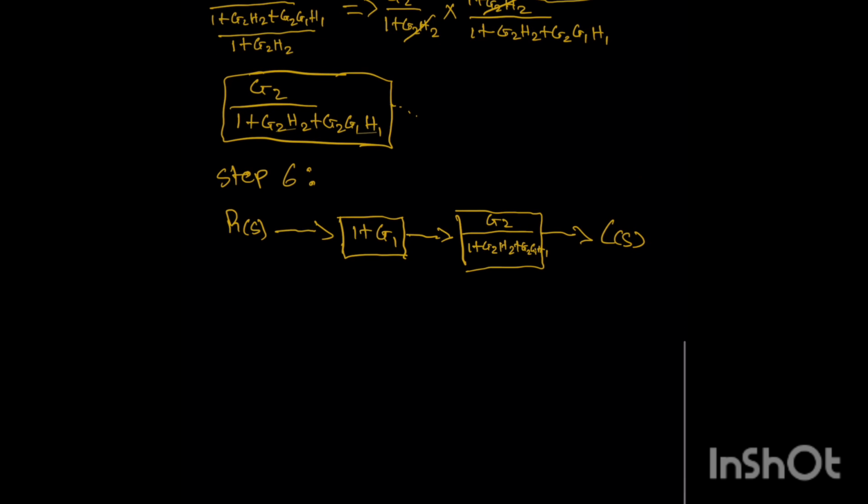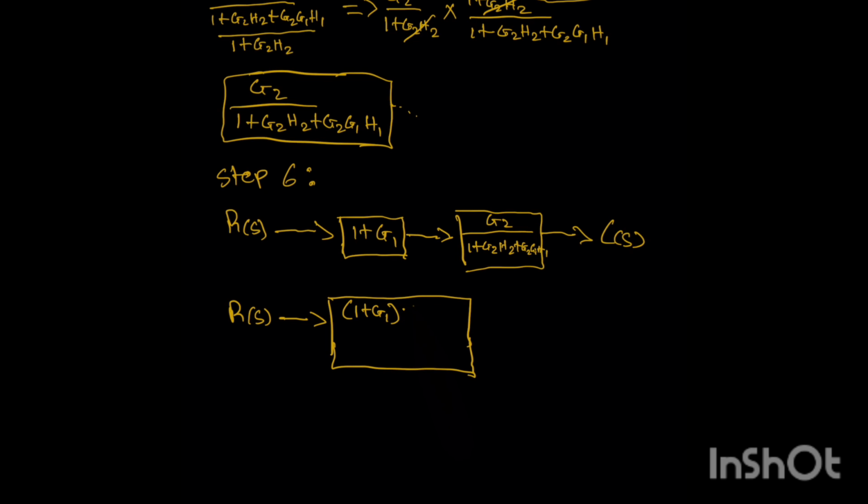Now, because they are in series, we are going to multiply them. So we have R of X, multiplying them, we'll have 1 plus G1, G2 all over 1 plus G2H2 plus G2G1H1.